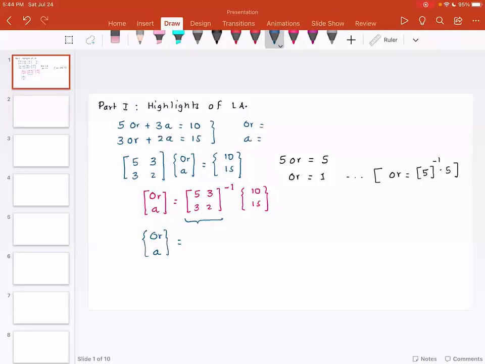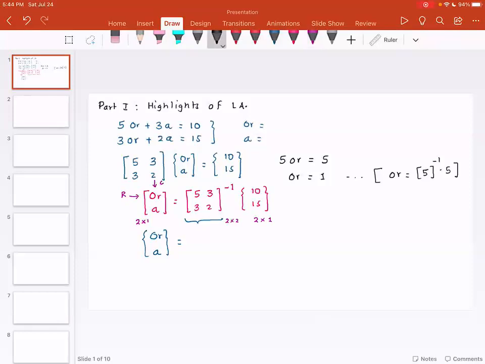Once again, quickly, this is a row. This is a column. So this is 2 rows, 1 column, 2 rows, 2 columns, 2 rows, 1 column.